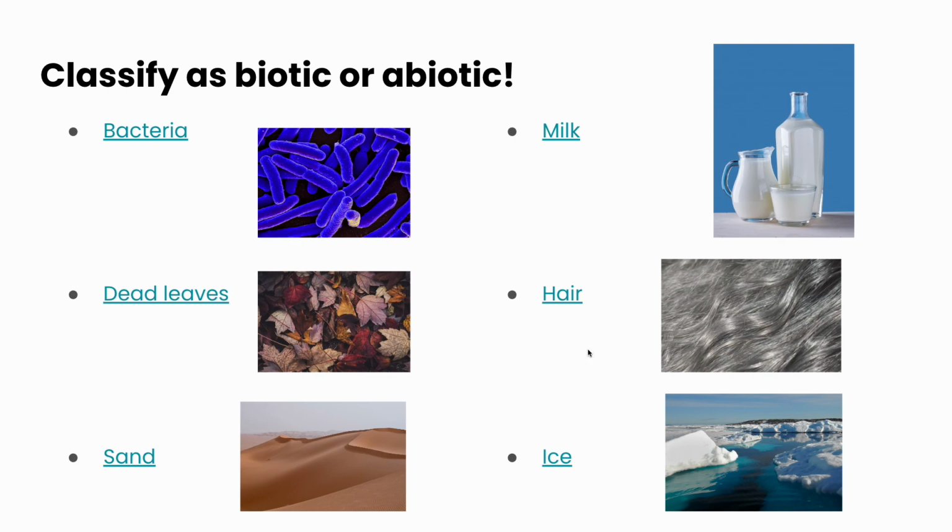Now the top four, some of them might be a little bit tricky, because bacteria really is the only living organism here. So that is biotic for sure. If we take a look at dead leaves, the reason this one is biotic is because even though it's dead, it came from something living. It came from a living tree. So that means it would be biotic.